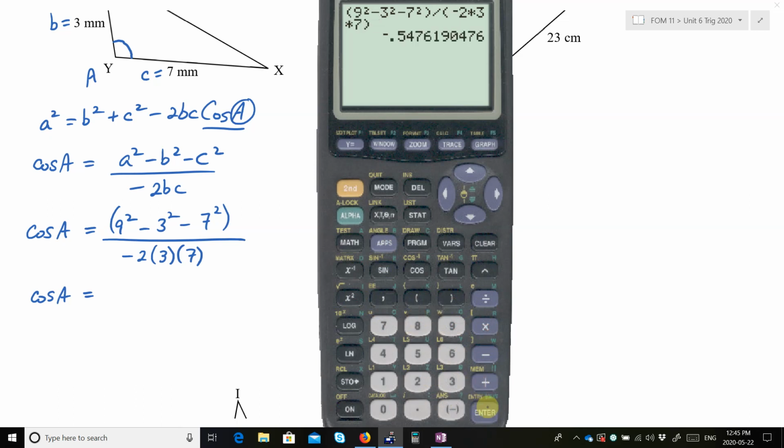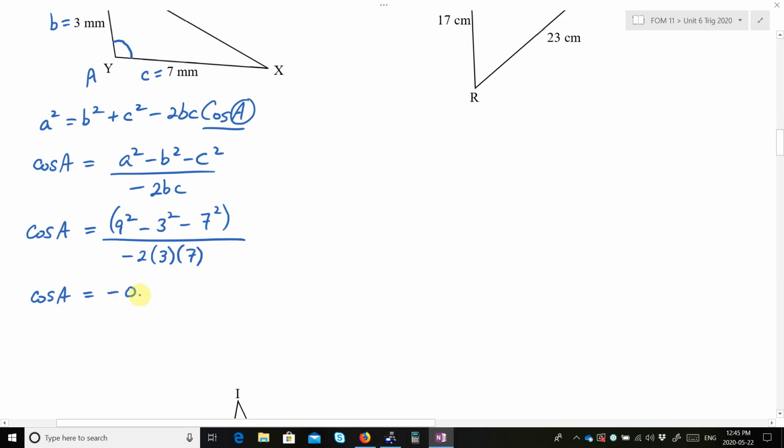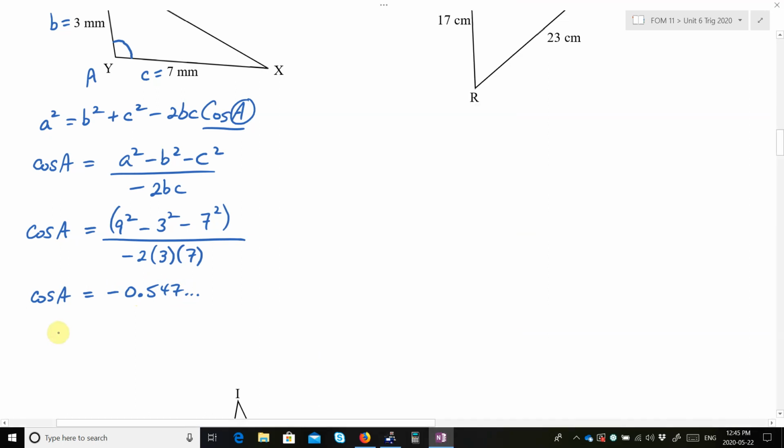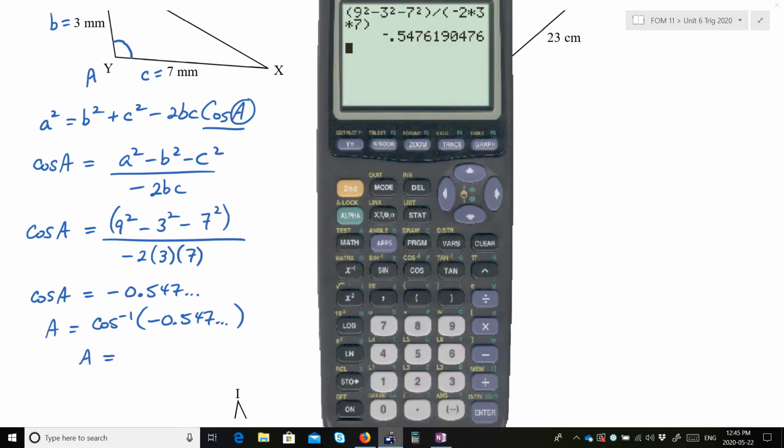Negative 0.547 and a bunch of decimal places. I don't want to lose any of those decimal places, and so to get angle A we have to do cos inverse of that ratio. So angle A is equal to, I have to go second function cos to get cos inverse, and I want to put that last answer in.